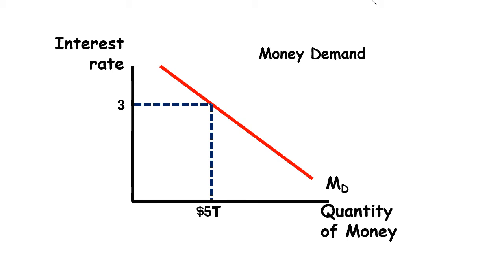If I buy a whole bunch of stock with my money, or I buy some real estate, it's more difficult, if a better opportunity comes along, to transfer into that better opportunity. So when interest rates are really low, when the return on investing is really low, I'm going to hold a lot of money as cash or in liquid form so that I can jump on a better opportunity when it comes by.